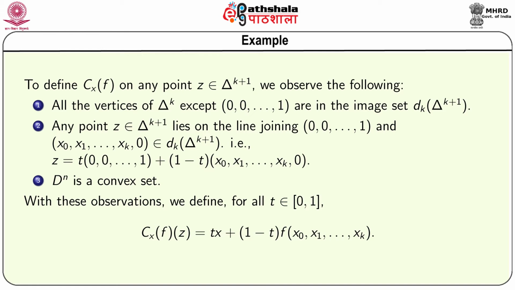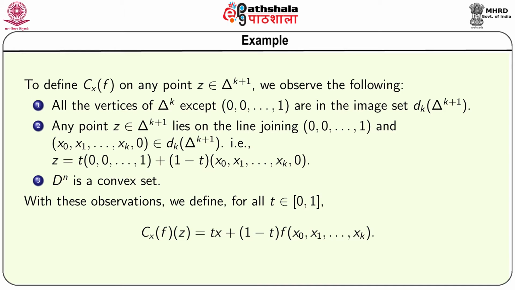Secondly, any point z belonging to Δ^(k+1) lies on the line joining (0, 0, ..., 1) and (x_0, x_1, ..., x_k, 0), which is a point of ∂Δ^(k+1). That is, the point z can be expressed as a linear combination of the points (0, 0, ..., 1) and (x_0, x_1, ..., x_k, 0). Thirdly, D^n is a convex set.